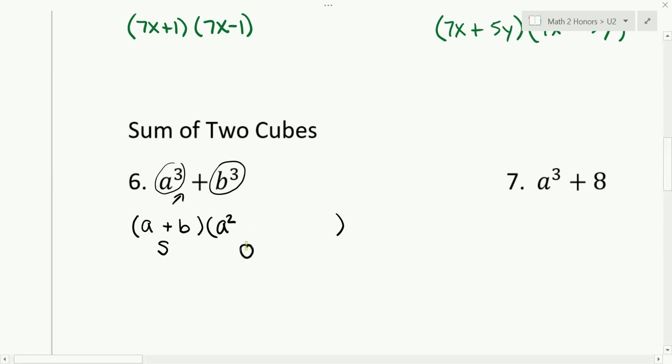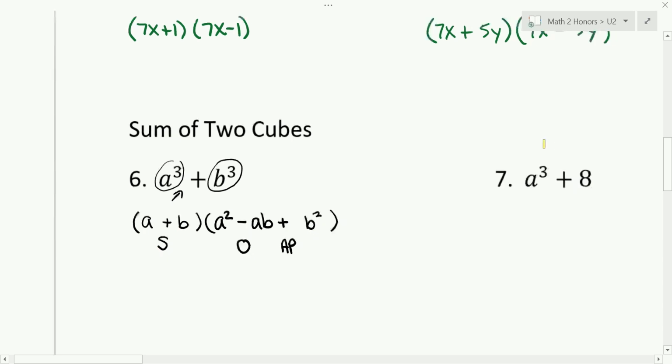Then SOAP, opposite sign, so I'm going to put a minus sign now. My next term comes from a times b, so I put a times b there. And then my last sign is always going to be positive, and I use b times b to get the b squared. And now it's factored.